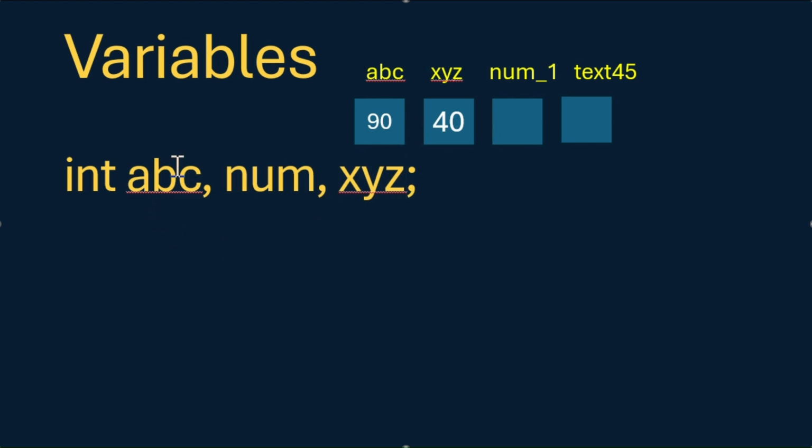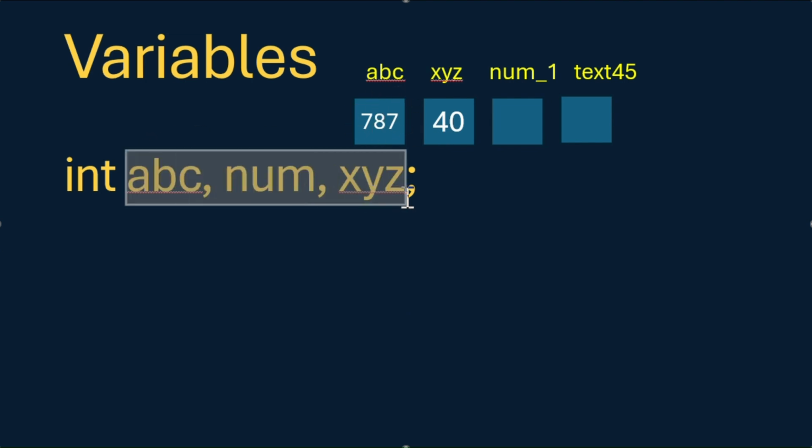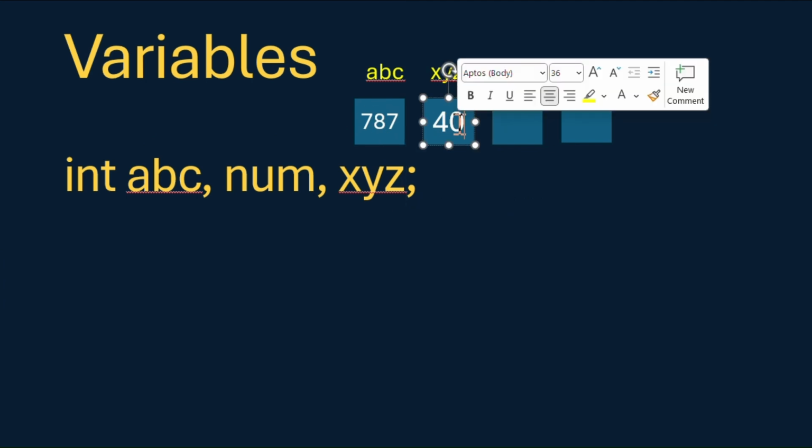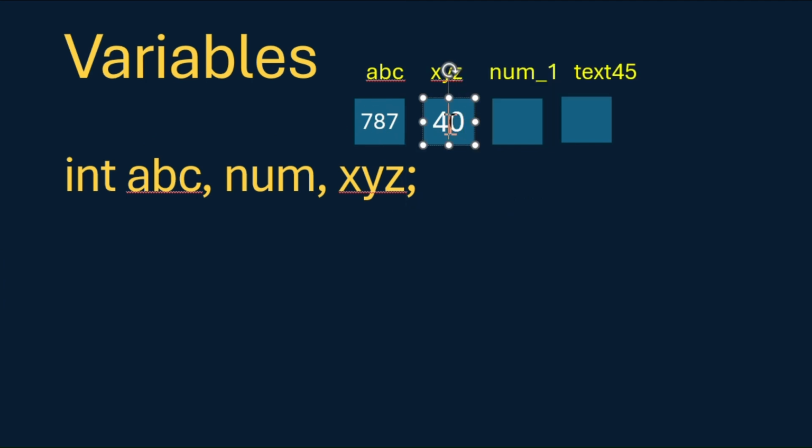Now if you notice, I have just given the name ABC. I have not given any value to ABC. So until I give any value to ABC, num and XYZ, the value will be 0 or some random value will be stored. Until and unless I give any value, it will be 0, or any default value will be stored in the memory location.